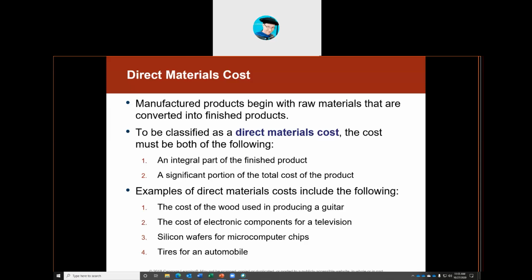So again, that's a part of the direct materials. And it must also be a significant portion of the total cost of the product. So the guitar, mostly comprised of wood and string and facets, those three things together must equal a large amount of the cost of the guitar.